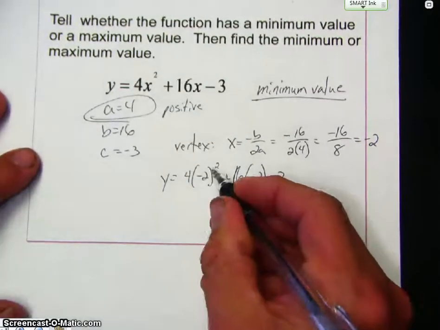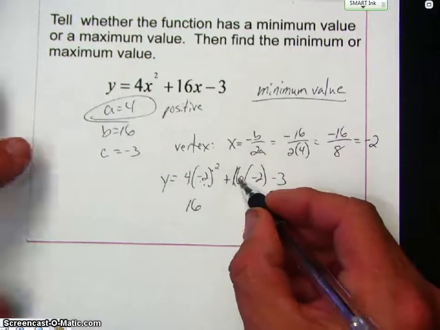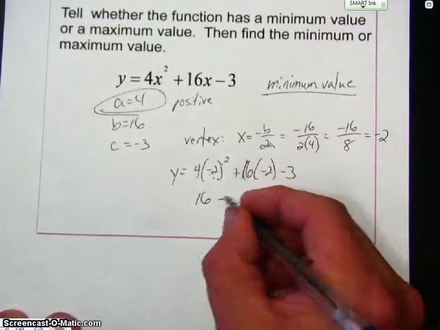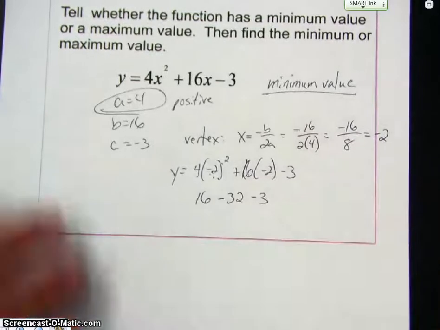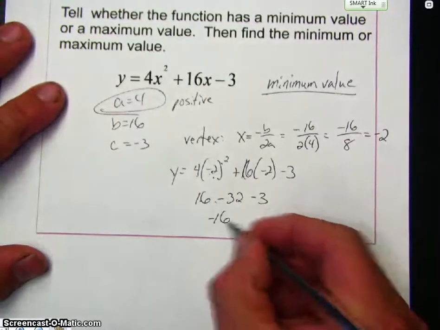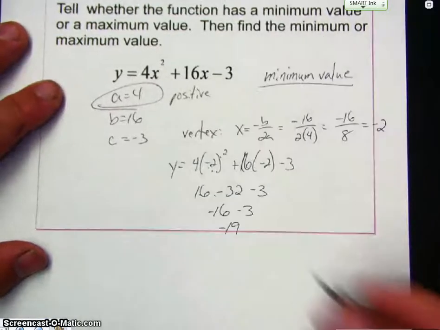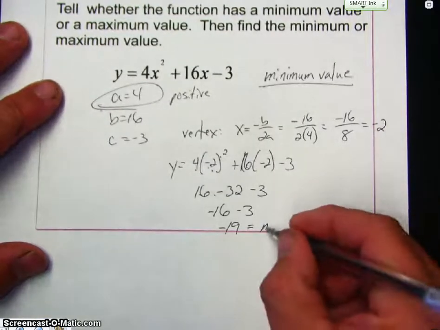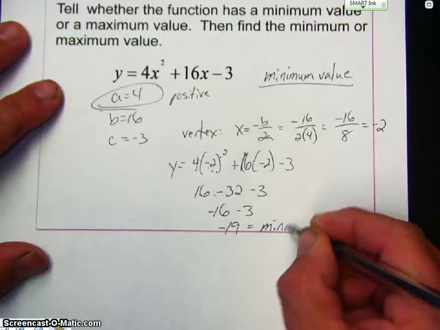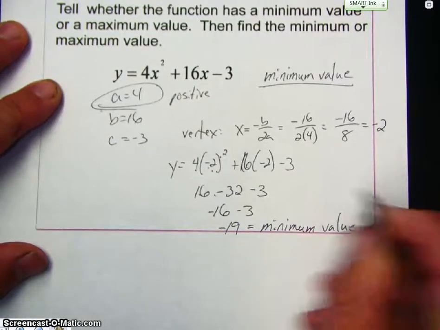Negative 2 squared becomes positive 4, times 4 is 16. 16 times negative 2 is negative 32, minus 3. So 16 minus 32 is negative 16, minus 3. I get negative 19. So negative 19 is my minimum value.